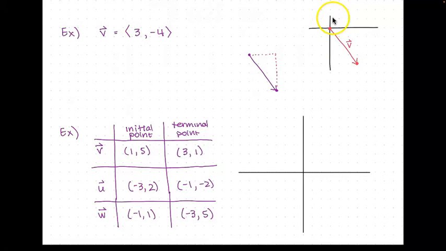So let's go ahead and plot all those. You guys go ahead and draw them, and then we'll talk about what we get. So 1, 2, 3, 4, 5, 3, 1.